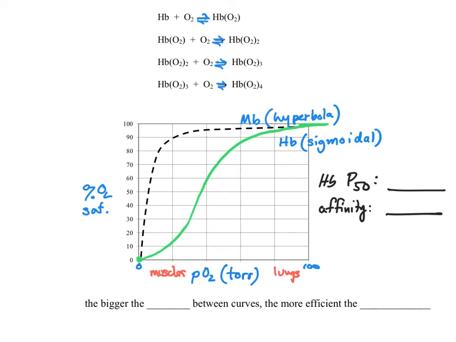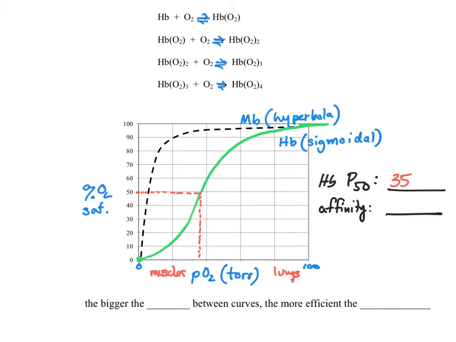All right, determining P50 is really important. As we said on the previous page, to determine P50, you come down to the 50% saturation, you draw over to the line, green is our hemoglobin line, and then you draw down to here. And since this is about 0, 20, 40, I'm going to say maybe 35.